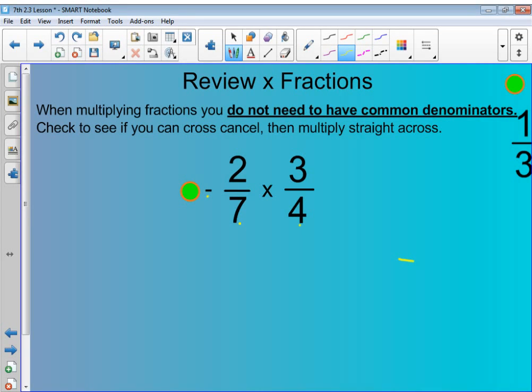Yep, 2 would go into 4 an even number of times. So 2 would go into itself once and into 4 twice. Okay, so that's doing that cross canceling. 3 won't go into 7 or 2. So now I'm going to multiply straight across. 1 times 3 is 3, over 7 times 2 is 14. So I end up with -3/14.